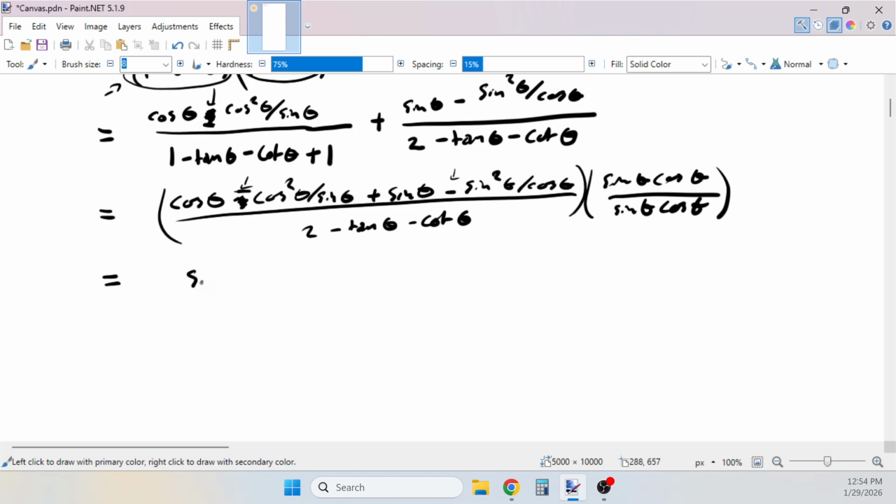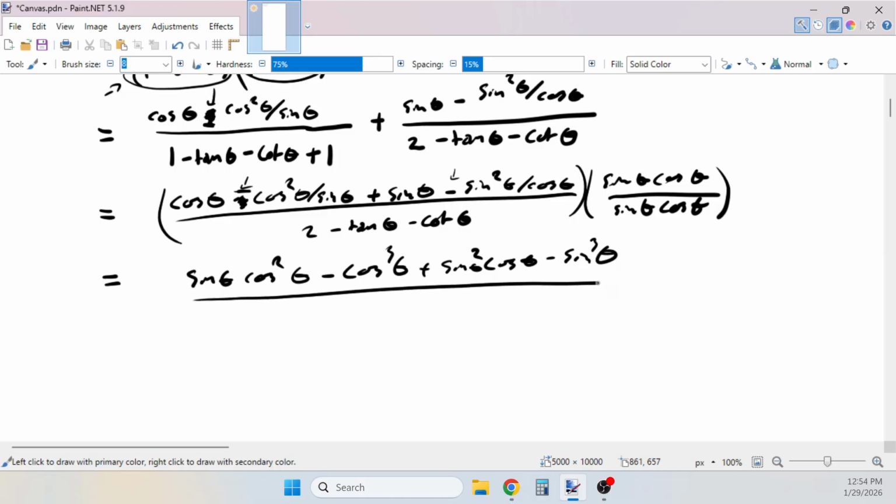So we're going to get sine theta cosine squared theta, minus, sines cancel, I get cosine cubed theta plus sine squared theta cosine theta minus sine cubed theta. This is starting to look pretty bad.